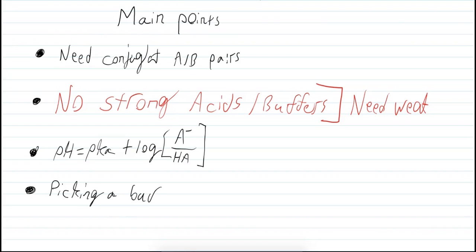You want a buffer that is equal to your pH plus or minus 1. So if you're looking for a buffer, look for its pKa that is equal to the pH of what you're trying to work with, plus or minus like a value of 1. And this will give you a good pKa to work with the buffer.